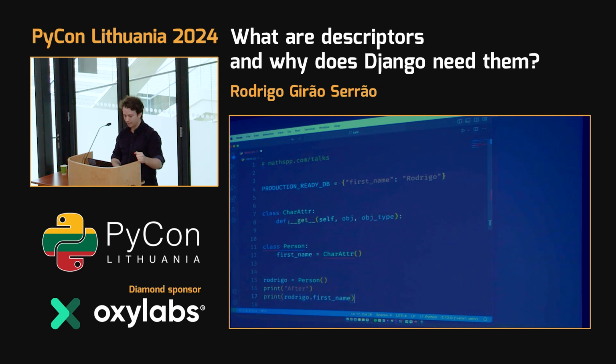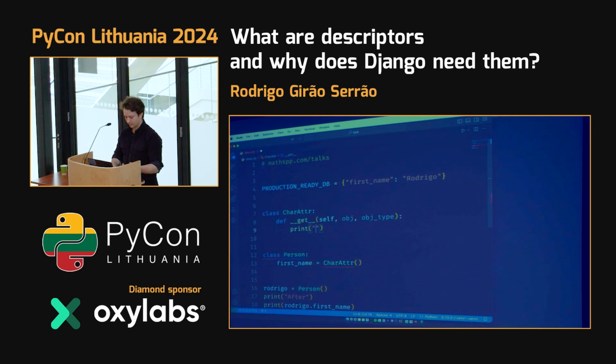What's going to get passed to this method is the object whose attribute I'm trying to access. So when I do print Rodrigo.firstName, the object is going to be Rodrigo, and the object type is going to be Person, because Rodrigo is an object of the type Person.